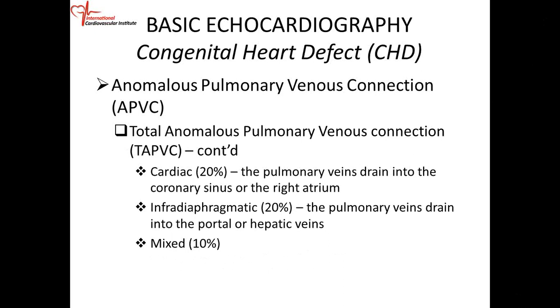That's where the inferior vena cava comes in, so it may drain into the portal or the hepatic veins. And in another 10%, you have a mix. So that's total anomalous pulmonary venous connection.